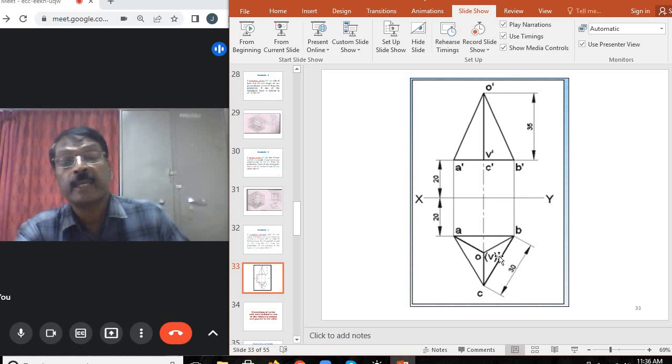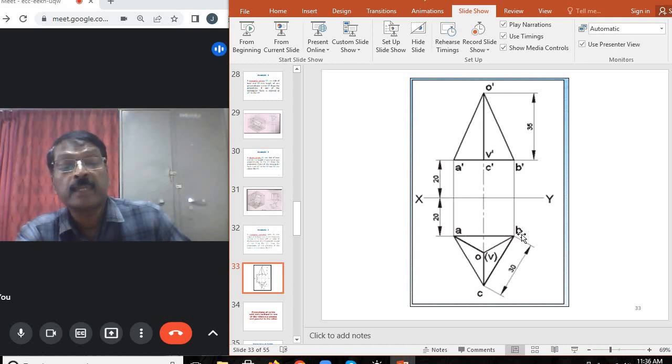First we have to draw the top view, that is the true shape of the base. While drawing the top view, draw the line XY. One of the base edges, near XY in the top view, is parallel to XY, that is parallel to the VP, and 20 mm in front of the VP. So from XY take 20 mm and draw a line parallel to XY, that is base edge AB.